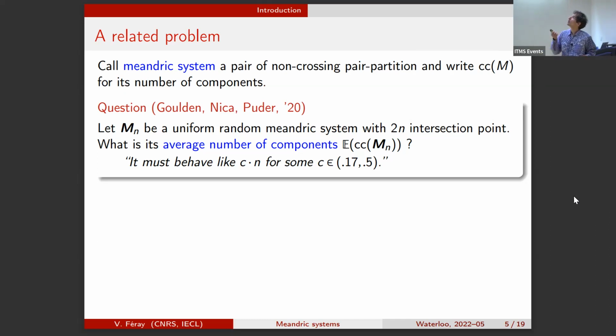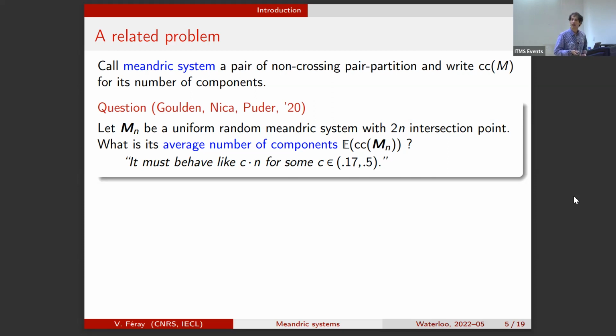In this paper they had some lower and upper bounds for the expected number of connected components, and both are a constant times n. The lower bound in their paper is 0.17 times n, and the upper bound 0.5 times n. And the question is, if you take the expected number of components and divide by n, does it converge, and what is the limit?